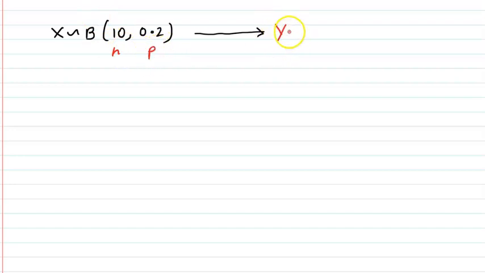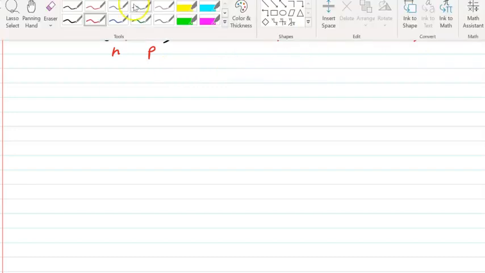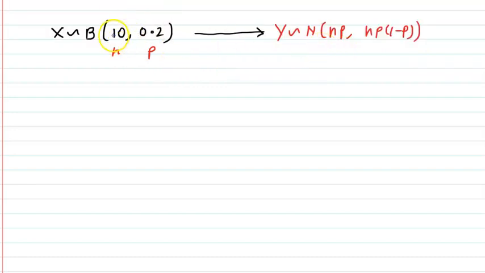So y is distributed normally, and here we write np and np(1 minus p). What is n here? 10. And p is 0.2. So 10 times 0.2 is 2.